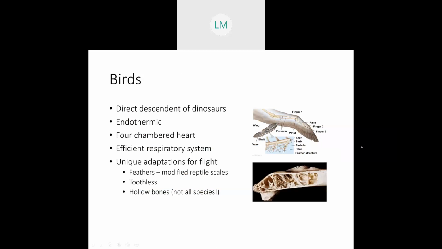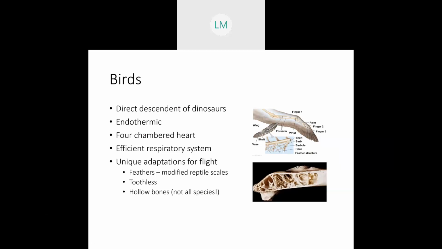So birds are considered part of the reptile group, but we're going to talk about them separately because they have some pretty unique adaptations. So birds are the direct descendants of dinosaurs. These are endothermic, so they are producing their body heat internally. The rest of our reptiles are not endothermic, they are ectothermic. Birds also have a 4-chambered heart and an extremely efficient respiratory system.